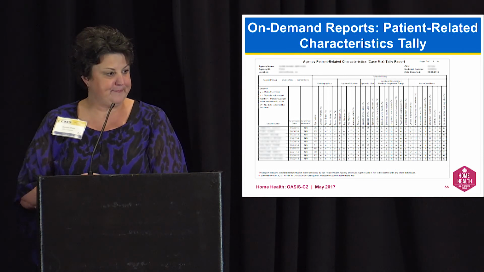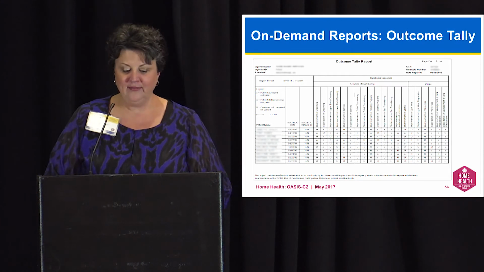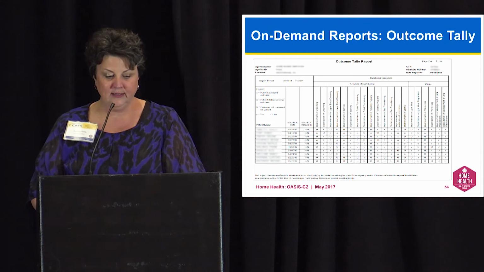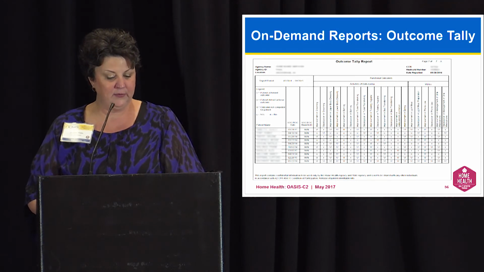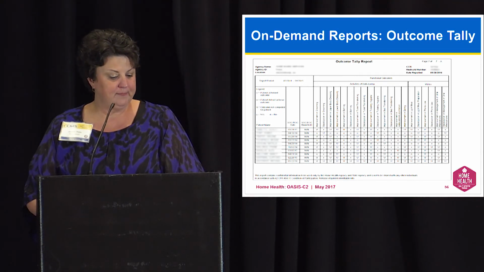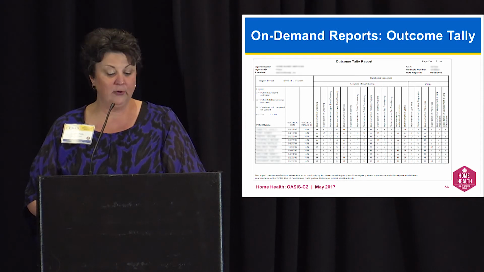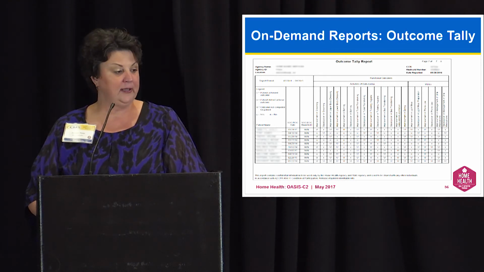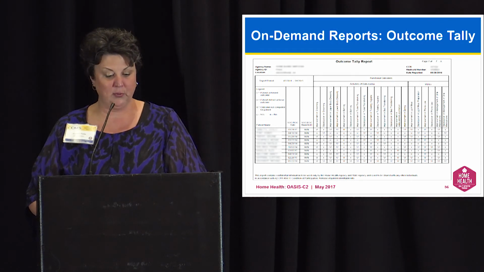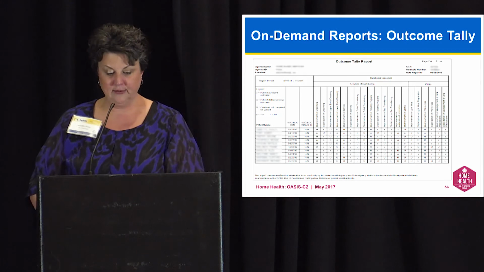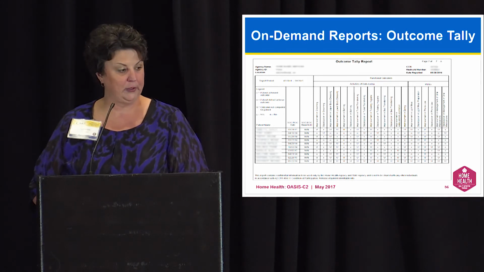And then we have the outcome tally report that details episodes of care ending during the specified reporting period, and these outcomes are used to calculate the outcome risk-adjusted report. So again, individual patient-level data here in this on-demand report.